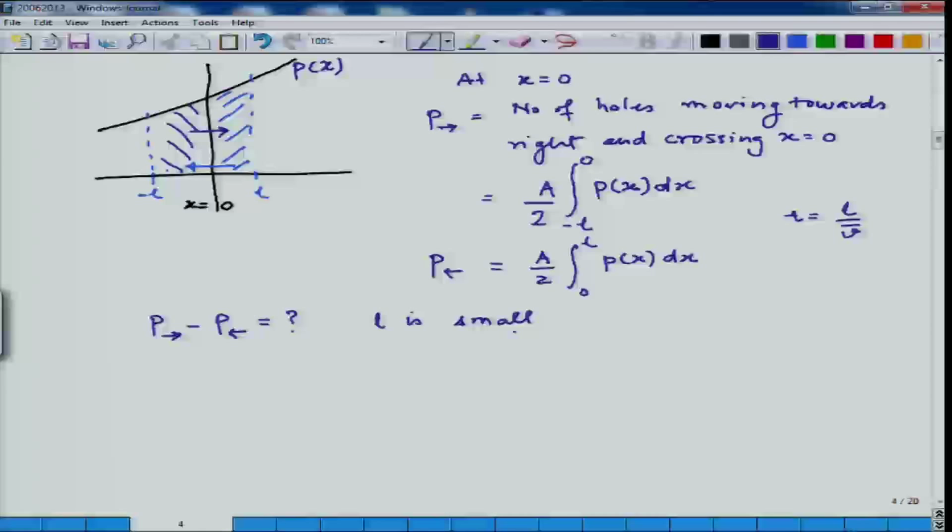Hence, I can make some approximation for P of x, and I can take the Taylor series and limit the expansion to the first few terms.